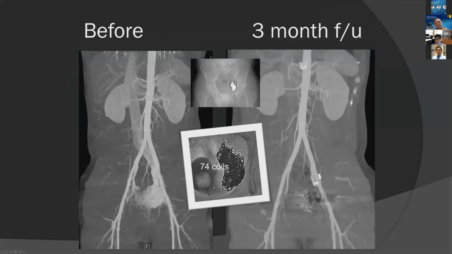After 74 coils were inserted in the pelvic cavity, the 3-month follow-up CT shows there is no residual AV shunt and spontaneously regressed numerous feeding arteries around the nidus.